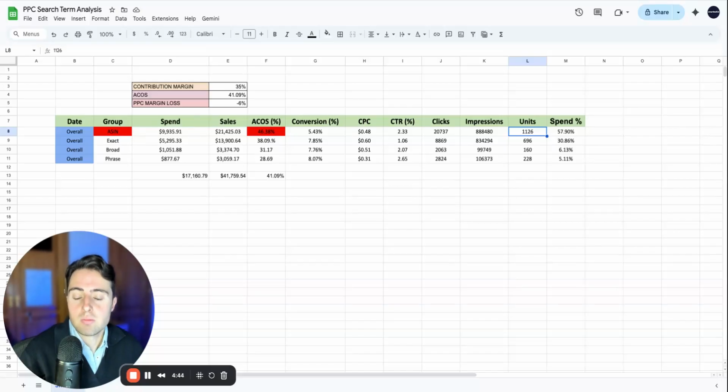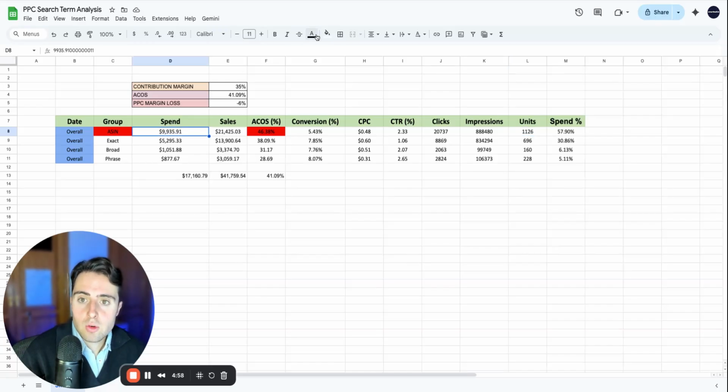Obviously, they're gonna lose a lot of sales, and maybe that's not in their interest. But for this brand, it wasn't a consumable brand. They really wanted to make the profit back. So the biggest lever to pull is from the ASIN or product type targeting. So that's our biggest area to cut spend.